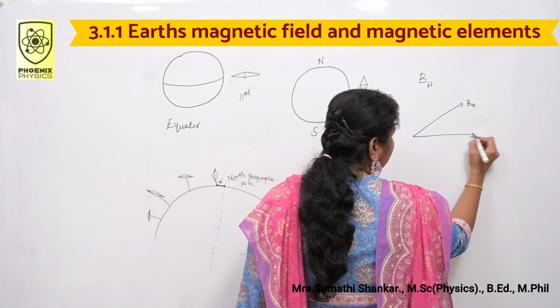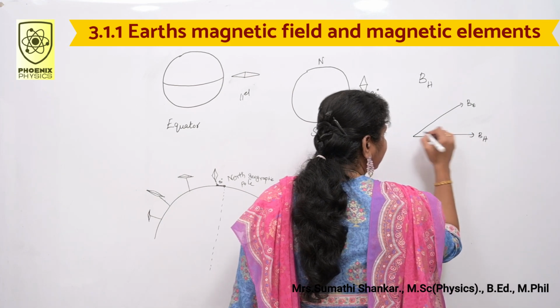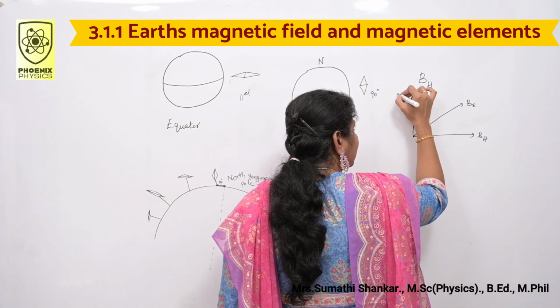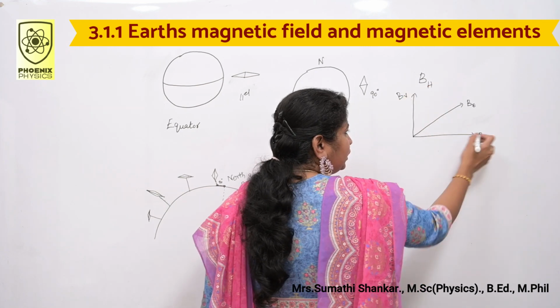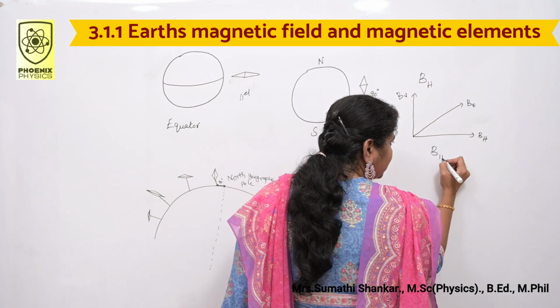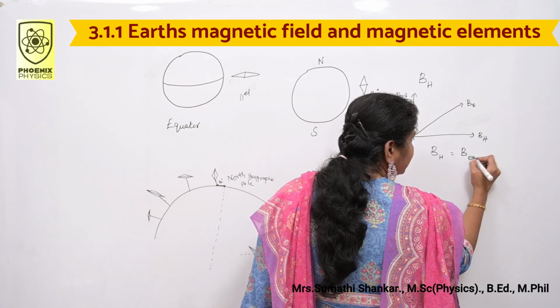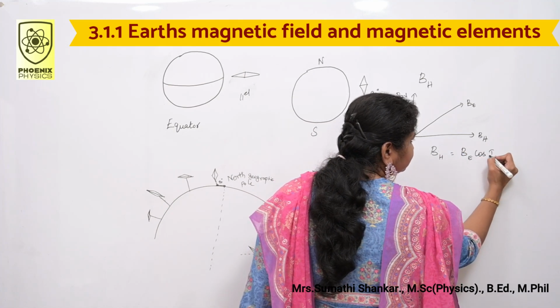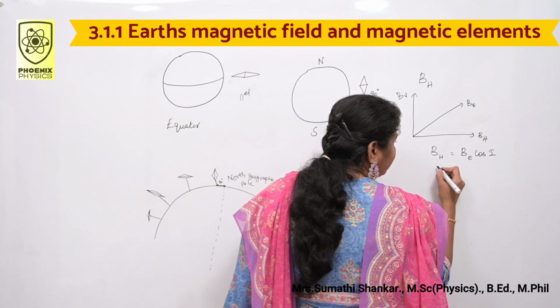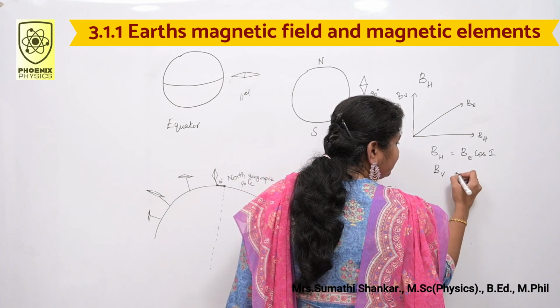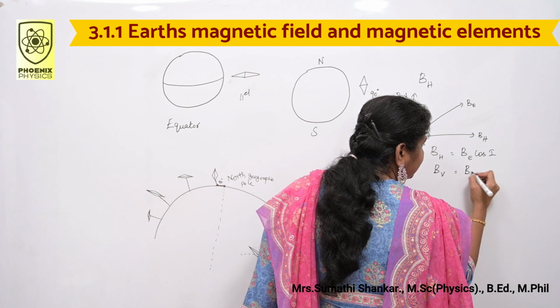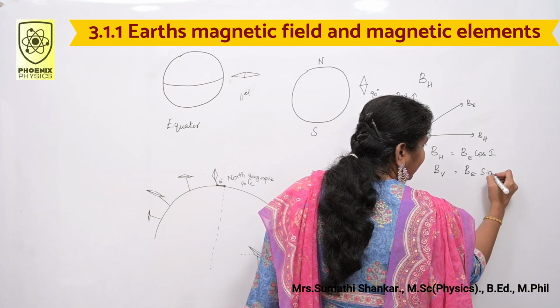One is horizontal component BH, another one is vertical component BV. The formula for horizontal component BH is equal to BE cos I. For vertical component BV equal to BE sin I.